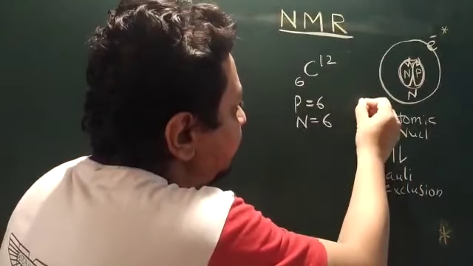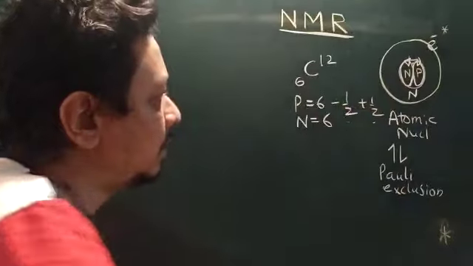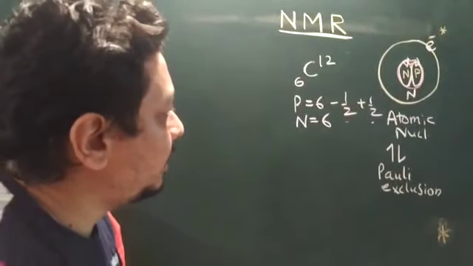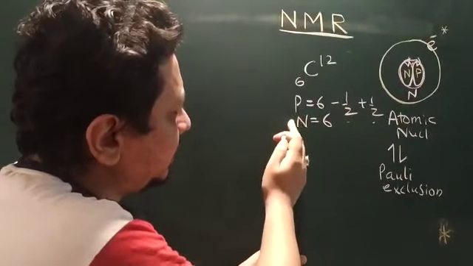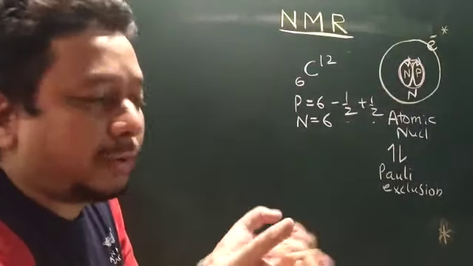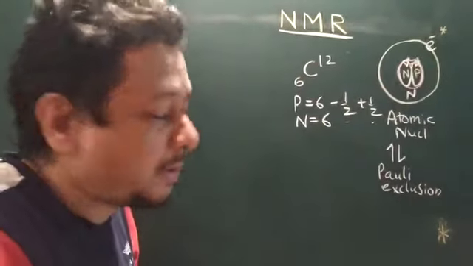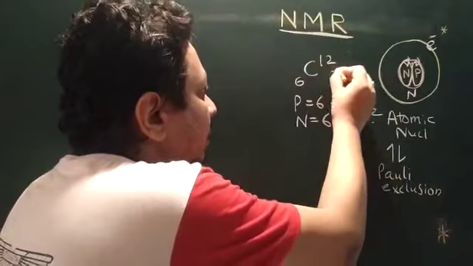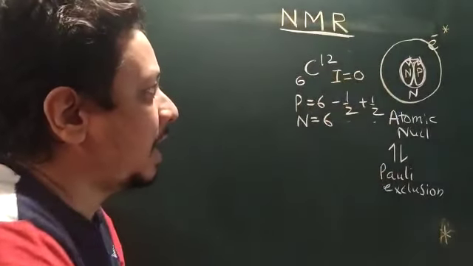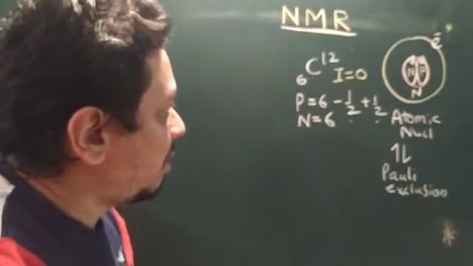One is plus half and another one is minus half. These two are the spins of the proton and the neutron. But here you can see this is an even number of protons and an even number of neutrons. They always try to cancel each other's spin, and that's why for C12-6 the nuclear spin quantum number is always 0. I is nothing but the spin quantum number. Now I is equal to 0.